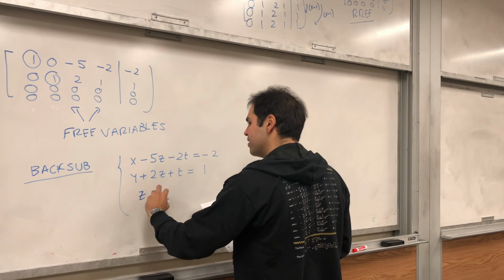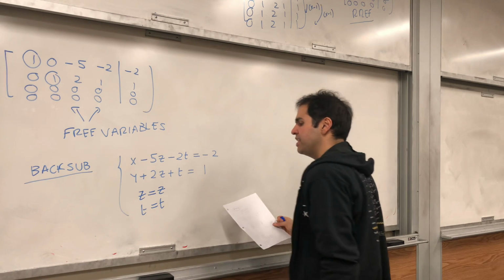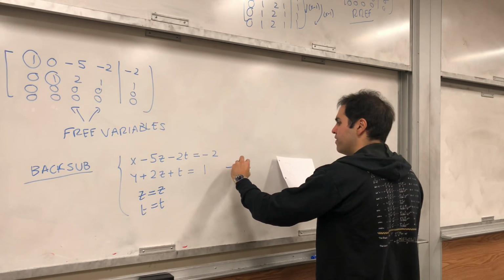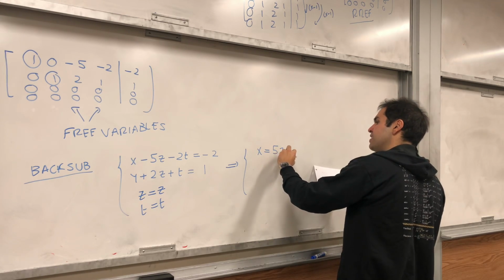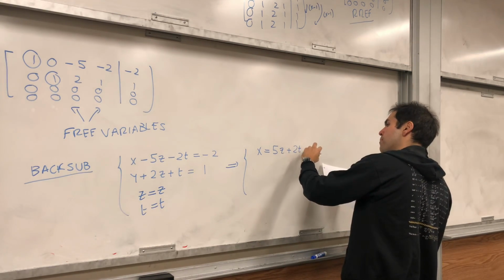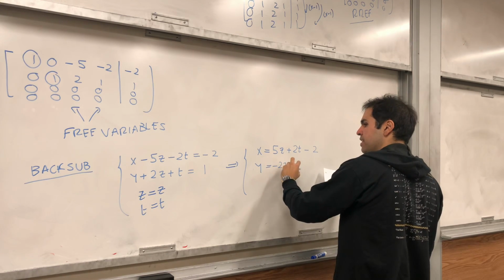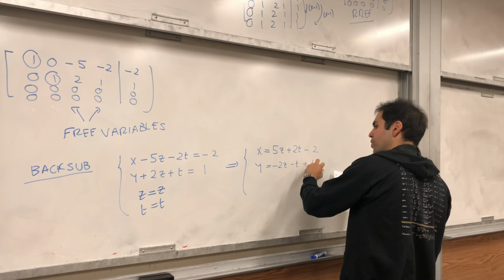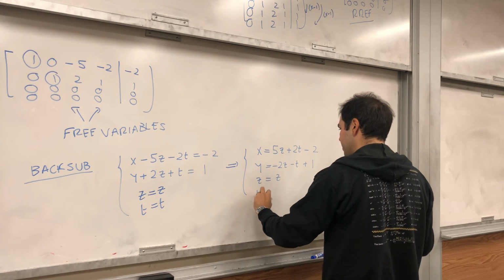Well, notice, trivially, you can add the equations z equals z and t equals t, which tells you basically x is 5z plus 2t minus 2, y is minus 2z minus t plus 1, z equals z, and t equals t.